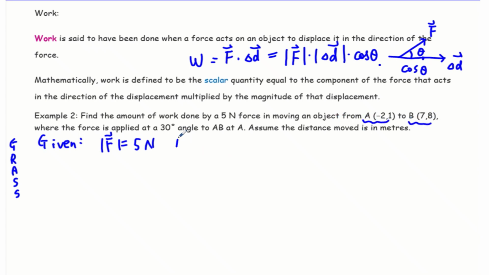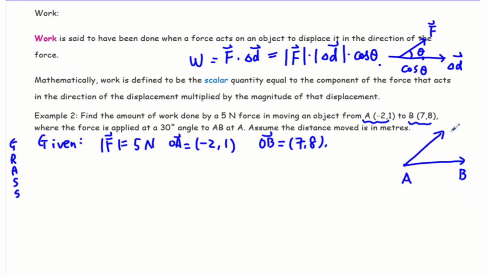So this is a vector OA. We could write it as -2, 1. OB is 2-dimension, 7, 8. The force applied at an angle to AB at point A is, so this is A, this is B, and this is a force.